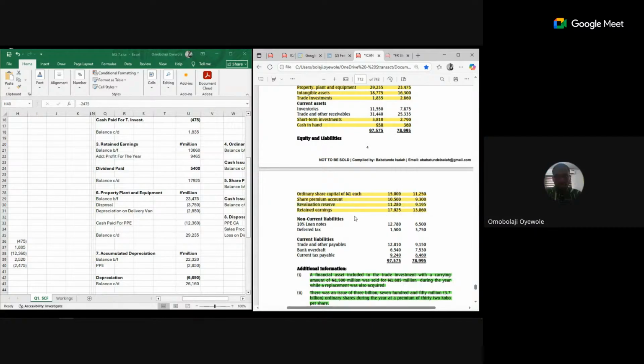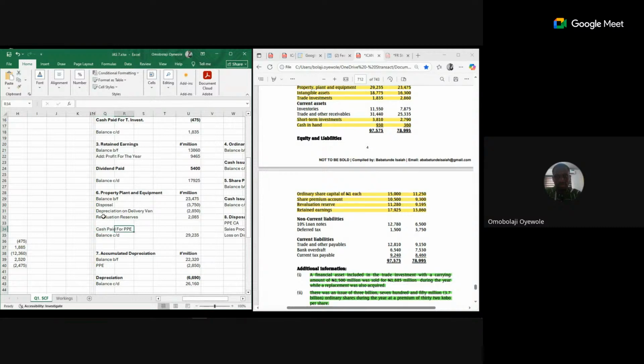You can see that there's an increase in the revaluation reserve. 2,280 minus 9,195 gives us 2,045, the difference. That represents the revaluation reserve on PPE. So how much is that? 2,085.